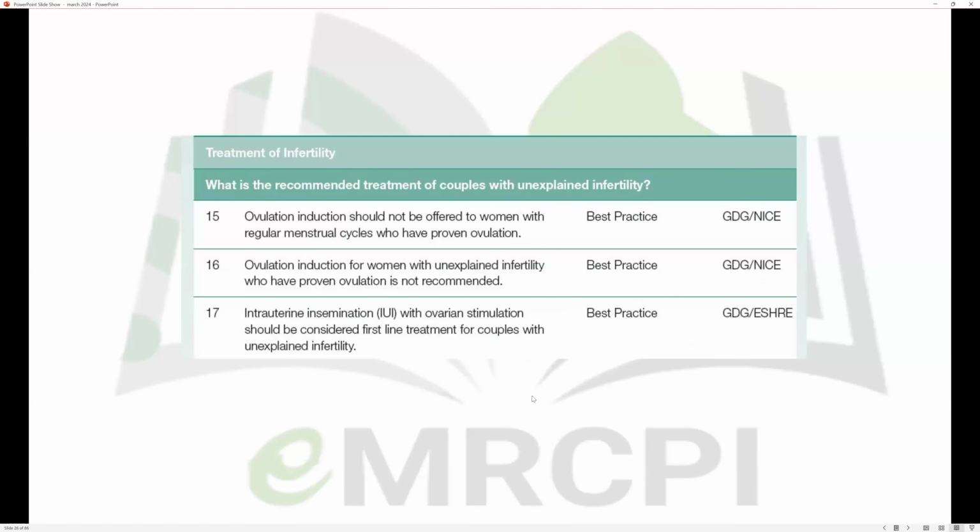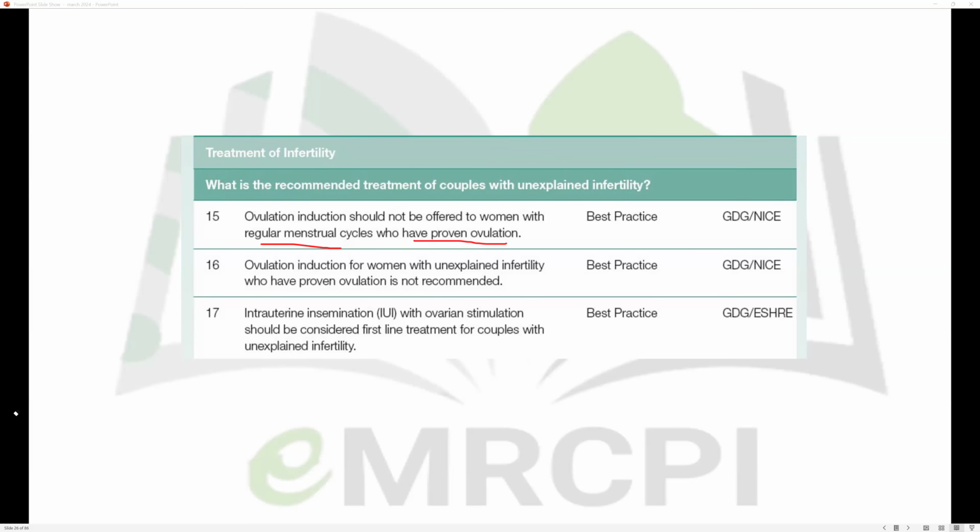Here is a guideline for the infertility management and the recommended treatment for couples with unexplained infertility. It says ovulation induction should not be offered to a woman with regular menstrual cycle who have proven ovulation. Ovulation induction for women with unexplained infertility who have proven ovulation is not recommended.